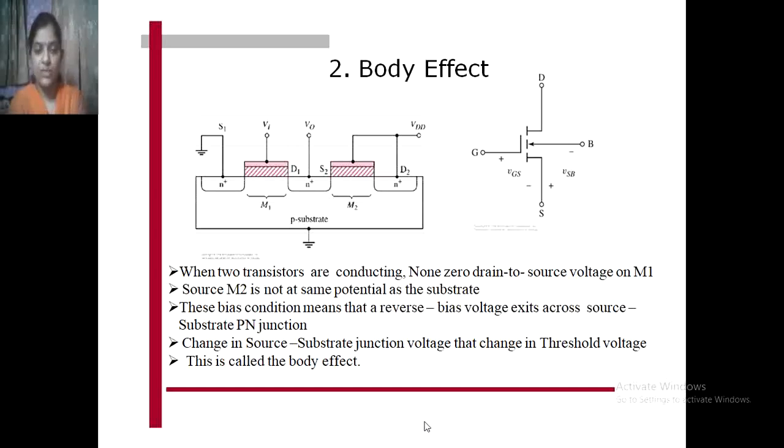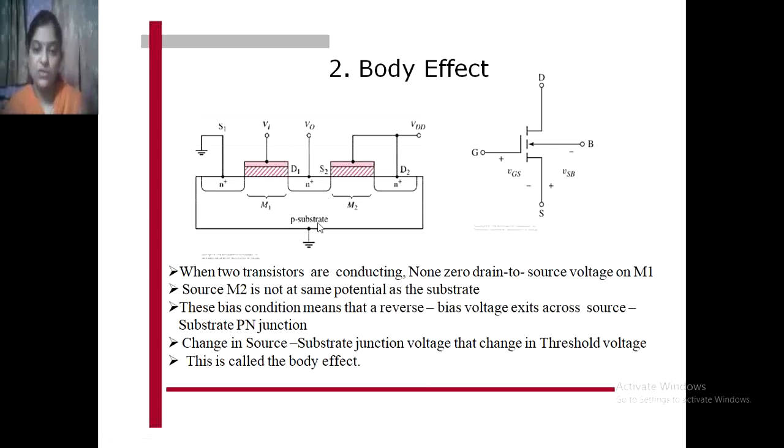When two transistors are conducting with non-zero drain to source voltage on M1, and the source of M2 is not at the same potential as the substrate, this bias condition means a reverse bias voltage exists across the PN junction.